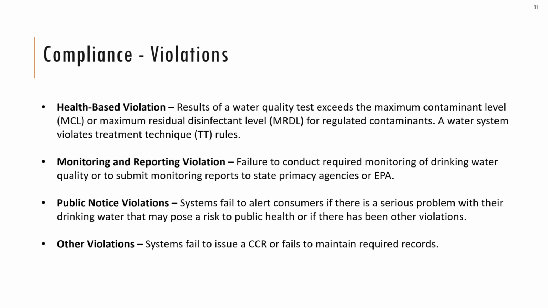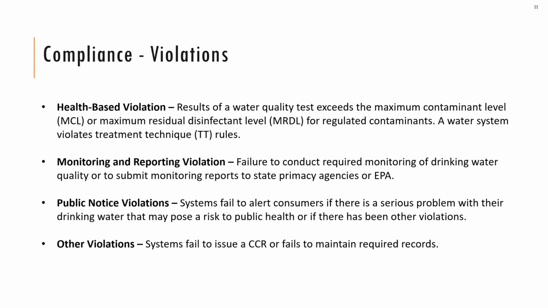A public notice violation occurs when systems fail to notify their customers if there's a serious problem with their water that could potentially be a risk to public health, or if there are other violations which water systems are required to publicly notify. Other violations include violations with the Safe Drinking Water Act requirements, such as failing to issue a consumer confidence report or failing to maintain specific records.